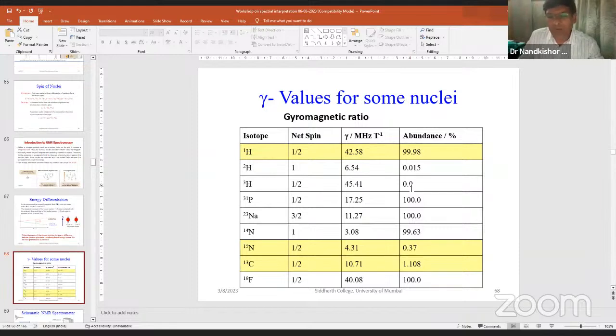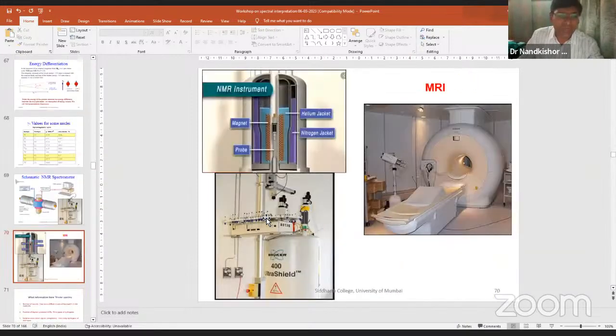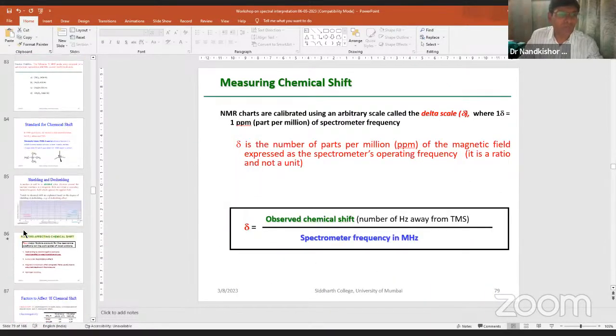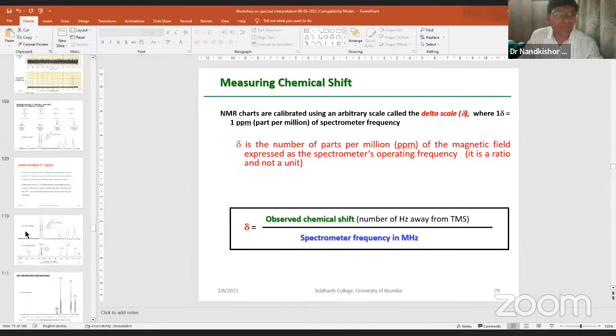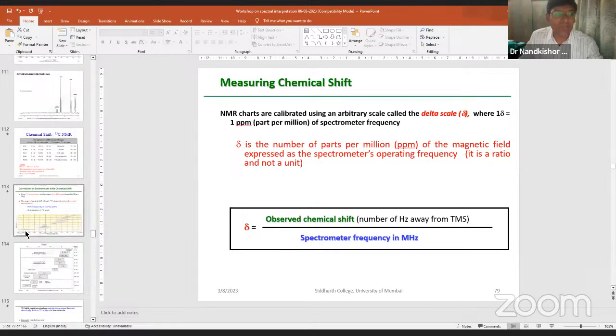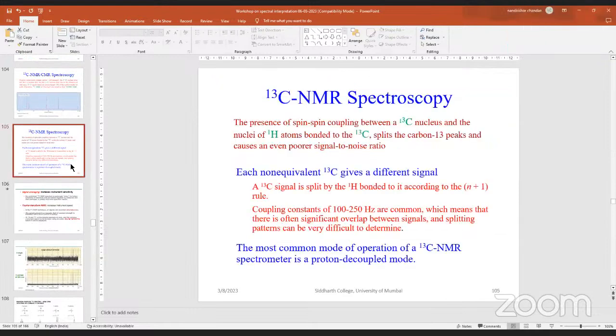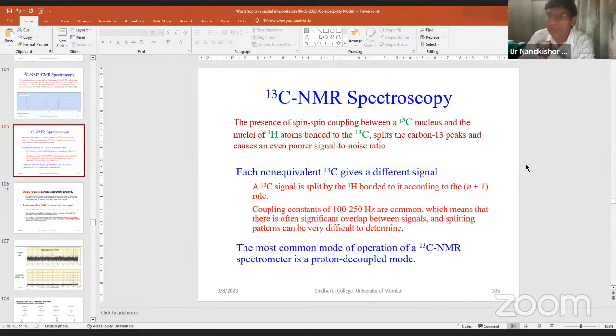Now look here. In C13 NMR, what basic things do we have to consider? Everything is the same principle wise. The only difference is the coupling constant.